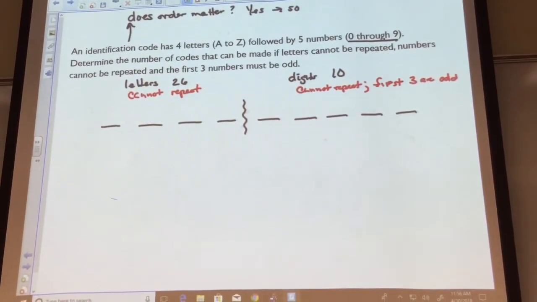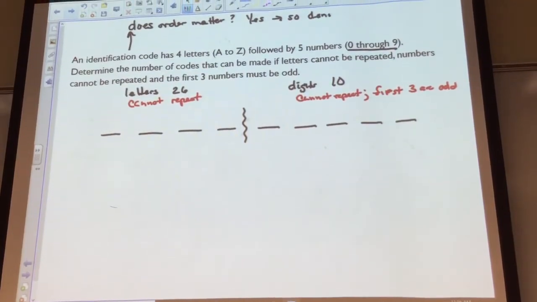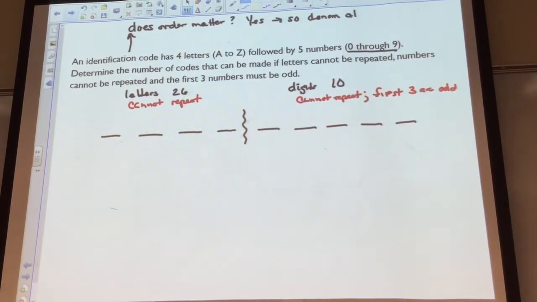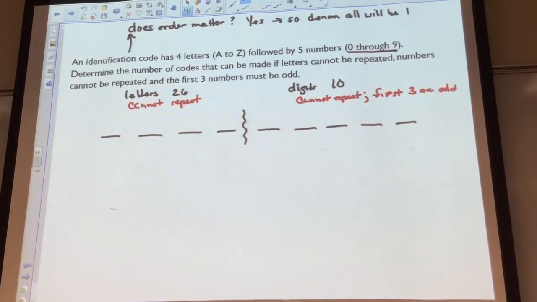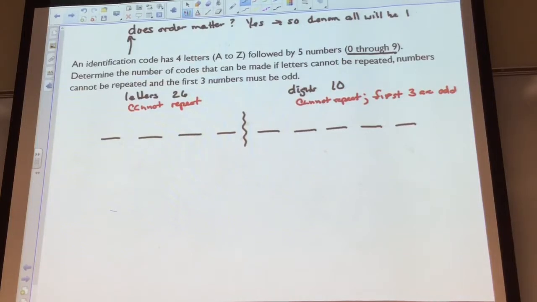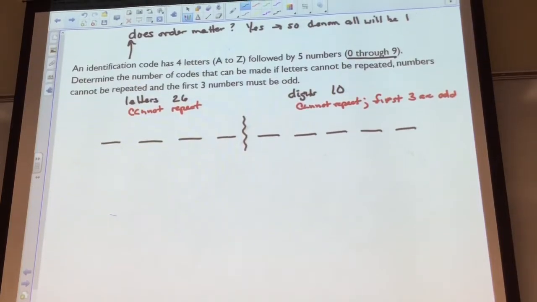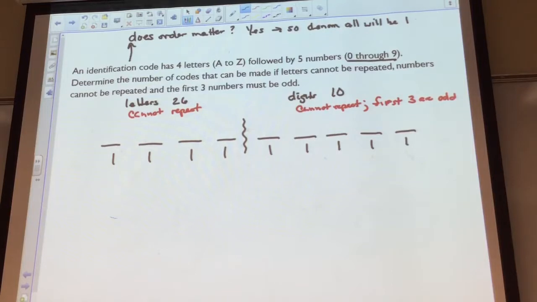those dashes or lines that you drew become fraction bars, which means that the denominators all will be 1, because there's only one correct first letter, only one correct second letter, third letter, fourth letter, first digit, second digit, third digit, fourth digit, fifth digit.